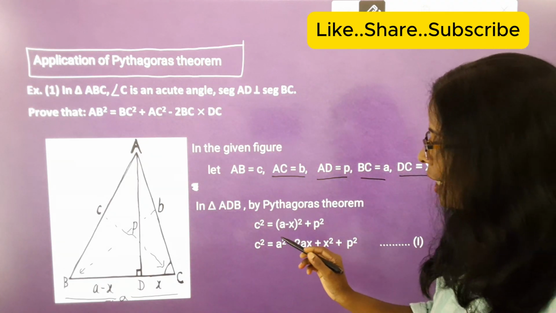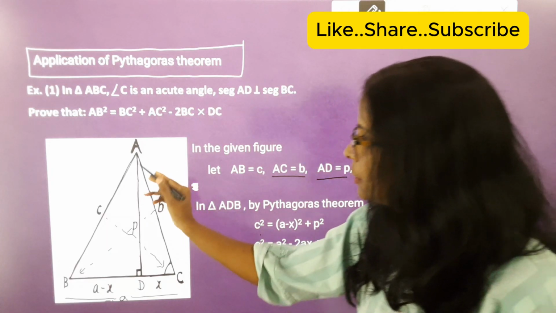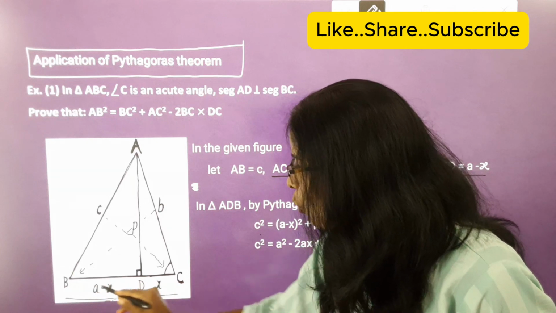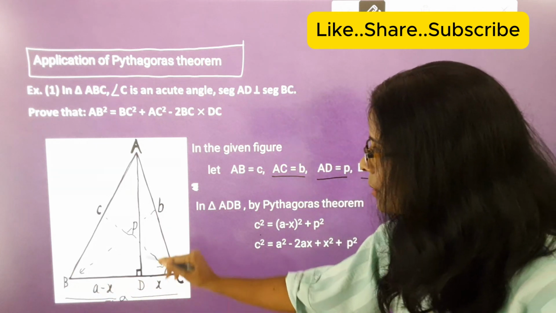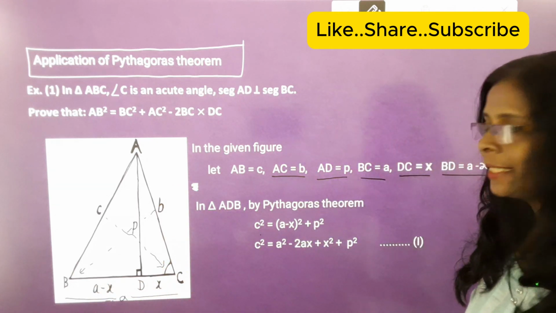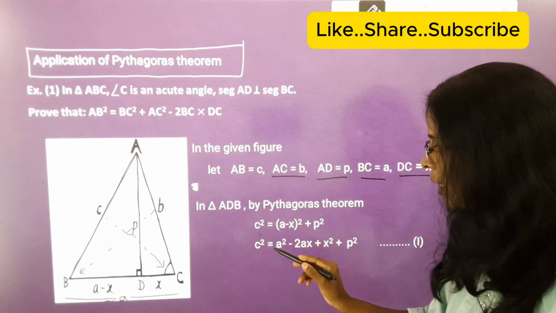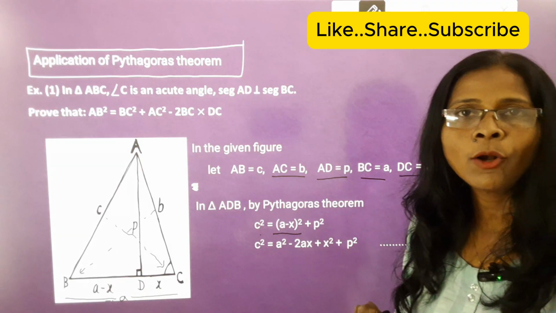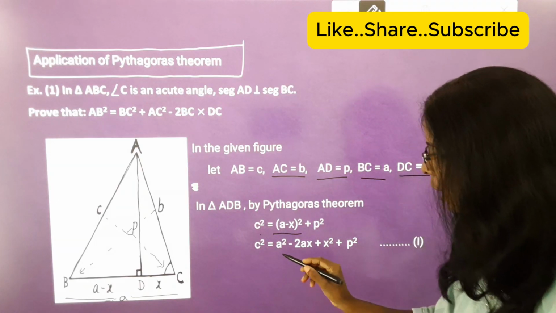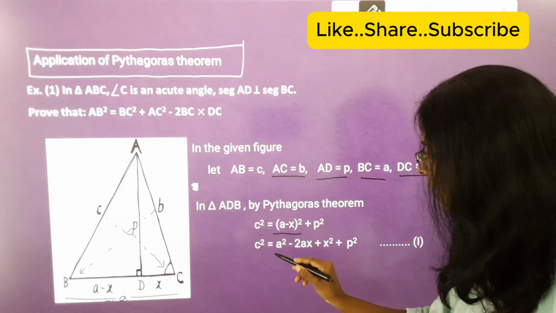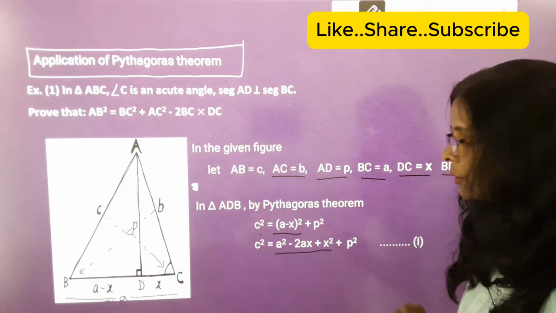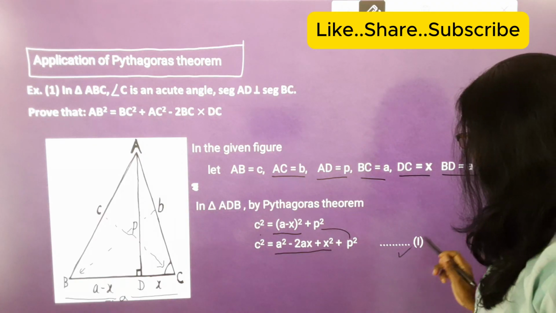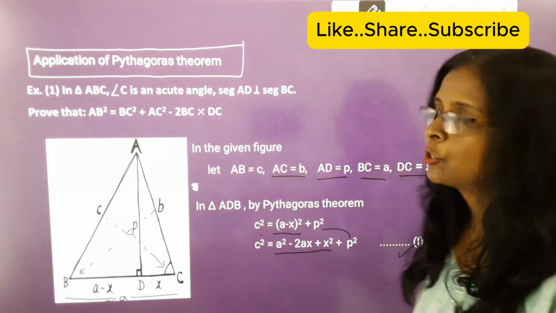So we get c square is equal to (a minus x) whole square plus p square. Now do the expansion of the square of a minus x, students. So c square is equal to a square minus 2ax plus x square plus p square. Call it the first equation, students.